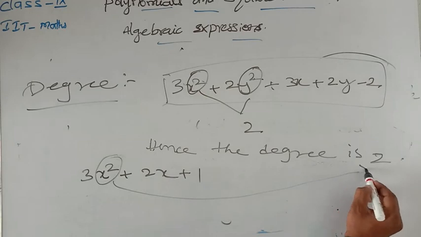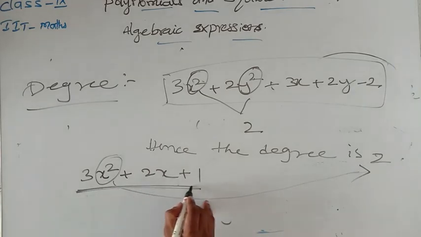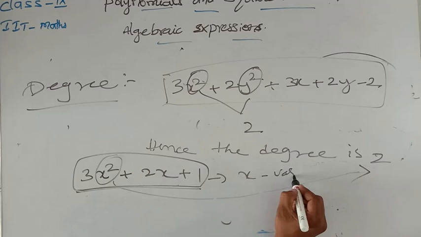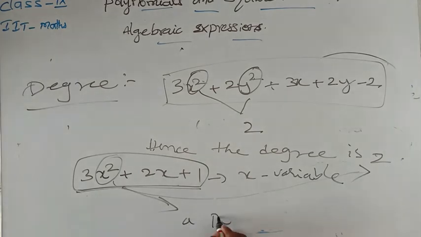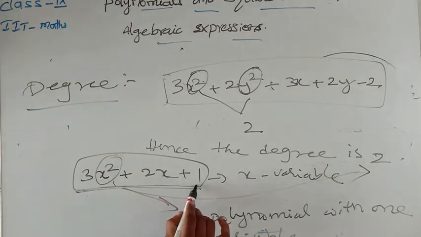The degree is 2. In this example, you see the literal coefficients. This expression contains only the x variable. Hence, this equation is a polynomial with one variable, because in this example only one variable is there, that is x variable.